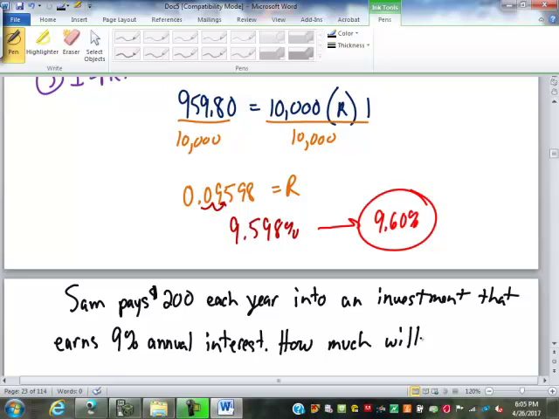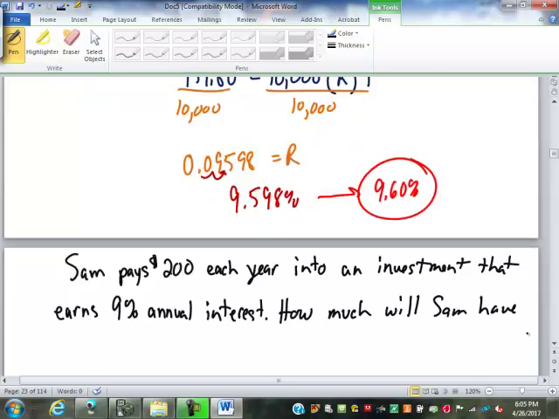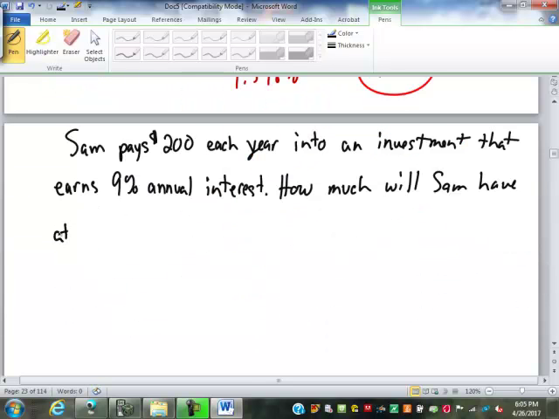How much will Sam have at the end of 8 years?